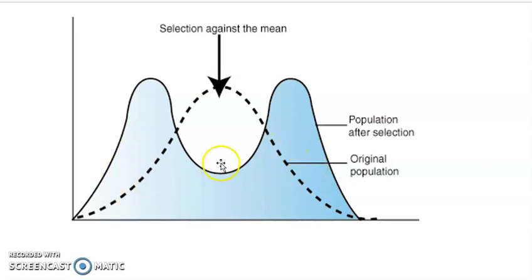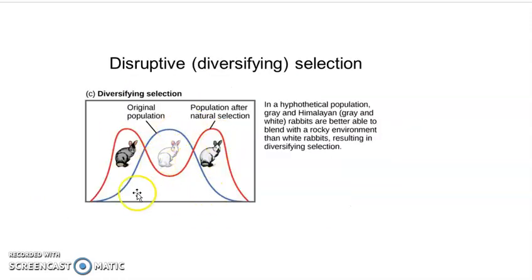So in both cases, the white population was selected by the white background and the brown population was selected because of the brown rocks, and the gray was not selected, or the chance of selection of gray was less. So in this kind of graph, this was the original population, but after selection the population turned red. Two extremes were selected, the intermediate form is not selected.